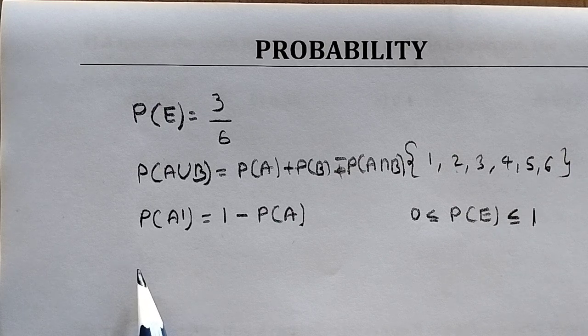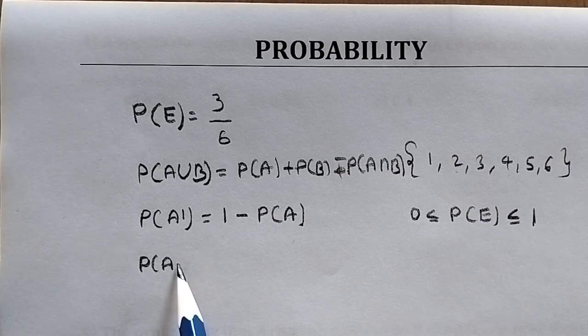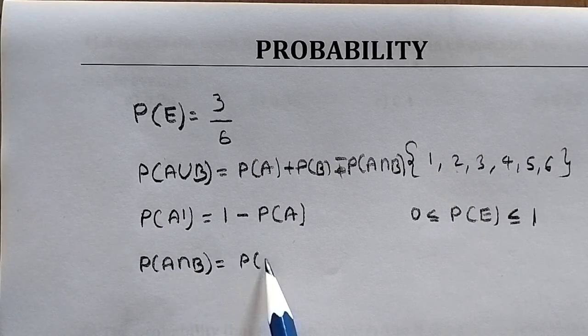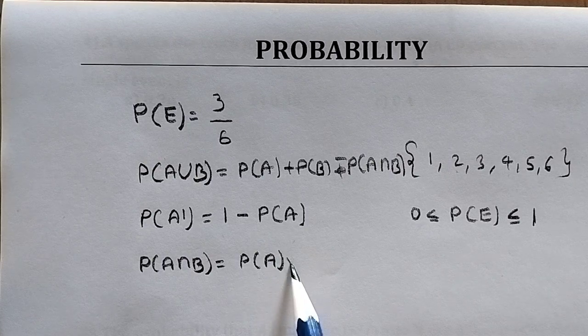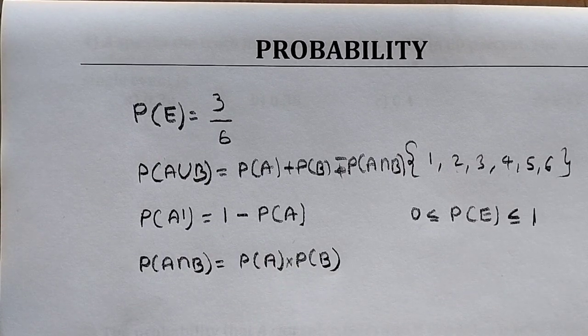One important formula: if A and B are independent events, then P of A intersection B is equal to P of A into P of B.